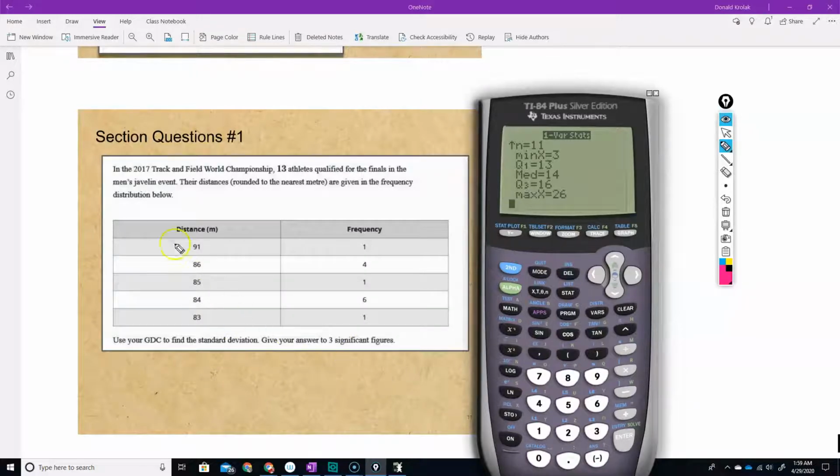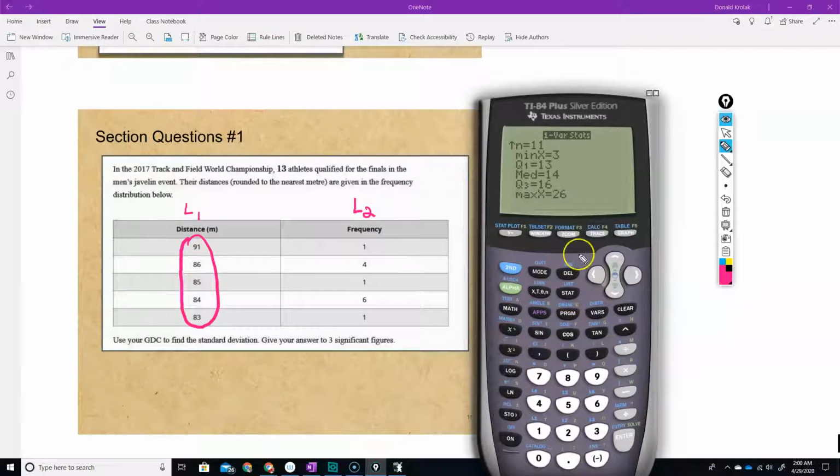To do the standard deviation and to get the 5-number stats, we're going to put the distances that they threw in list 1 and put their frequencies in list 2. And then what the calculator will do is it'll multiply these for us, and it'll find the average and then do all the calculations for us.